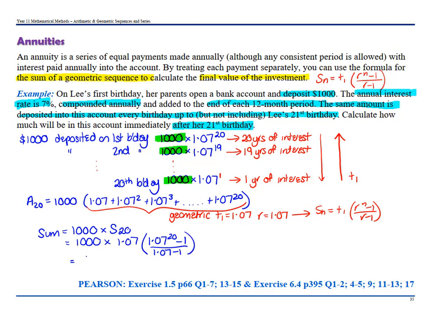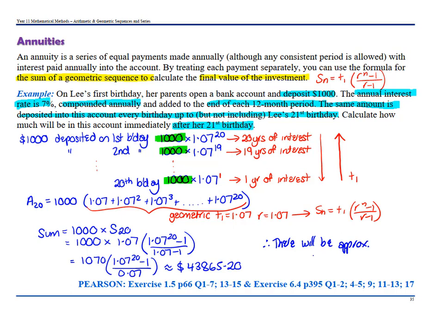So that ends up being 1,070 times by 1.07 to the 20 minus 1 over 0.07. That ends up approximately $43,865.20. So therefore, there will be approximately $43,865.20 in the account.